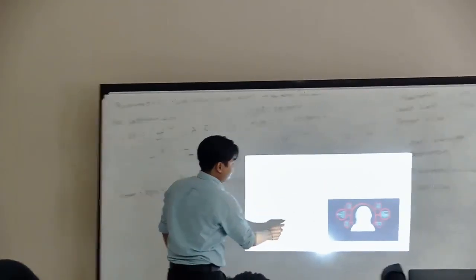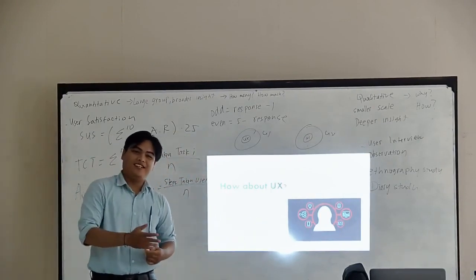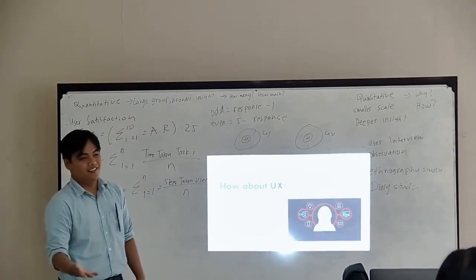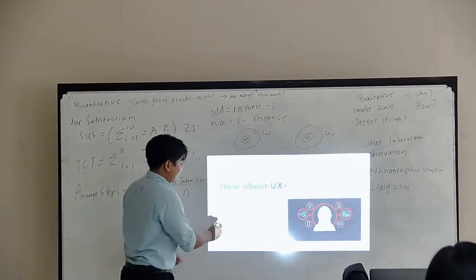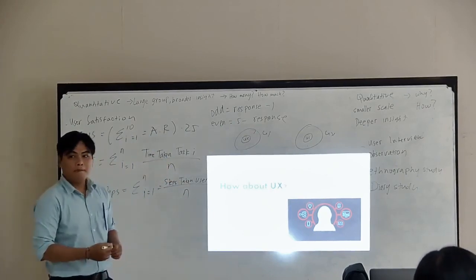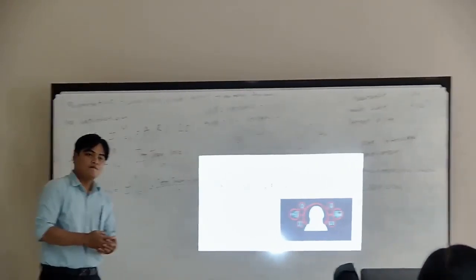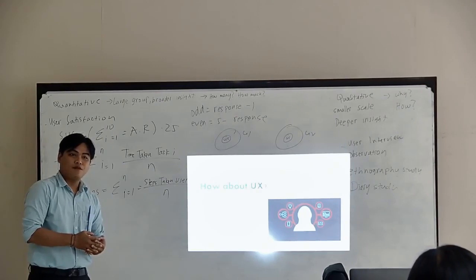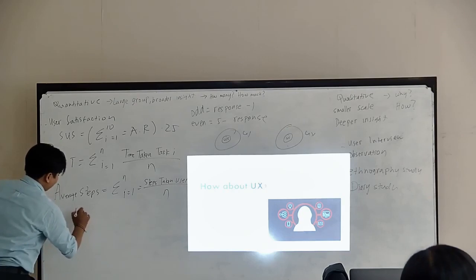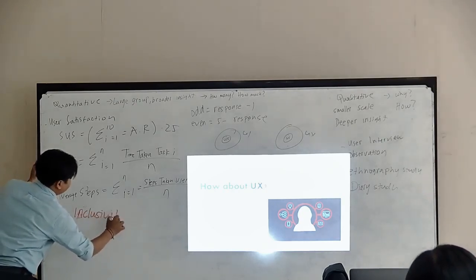So UX focuses on usability. As long as it's usable, you get your things done, that is usable. And then accessibility. What is accessibility? Accessible is related to inclusivity.